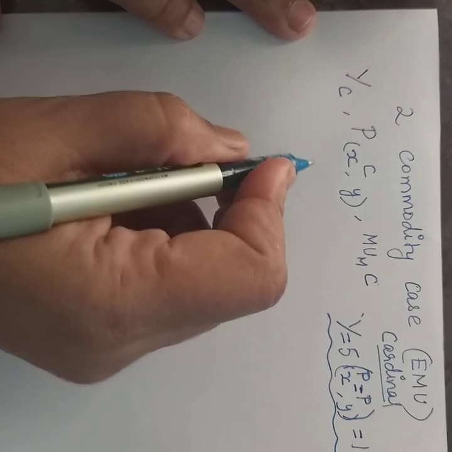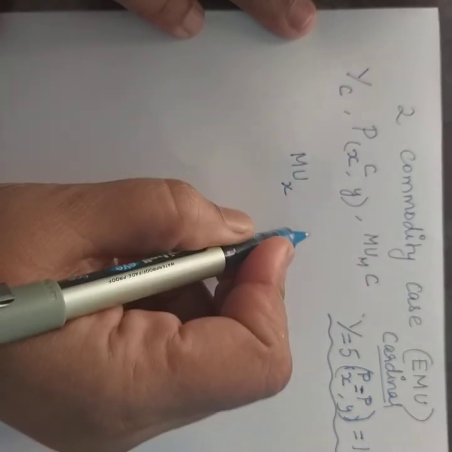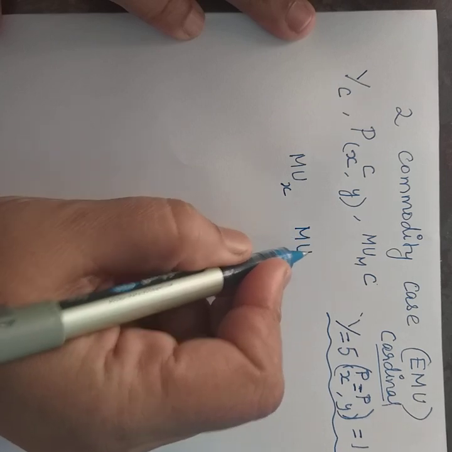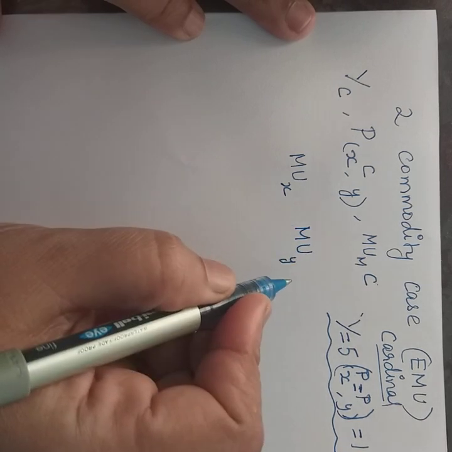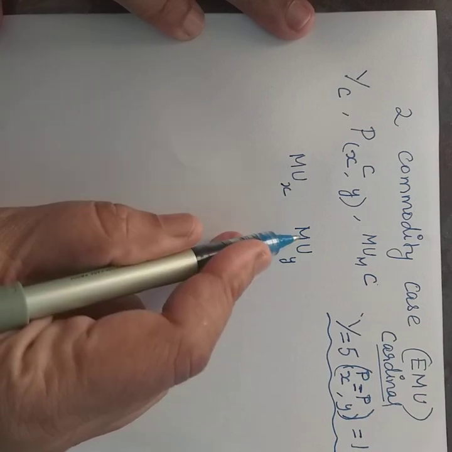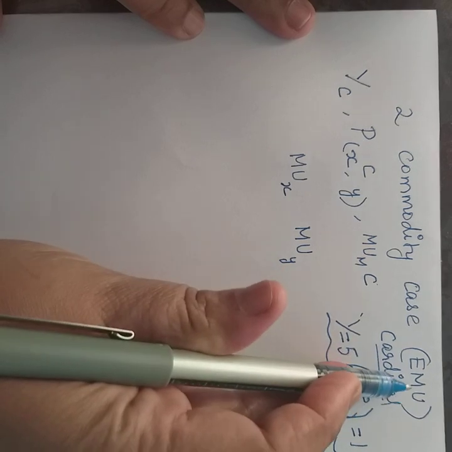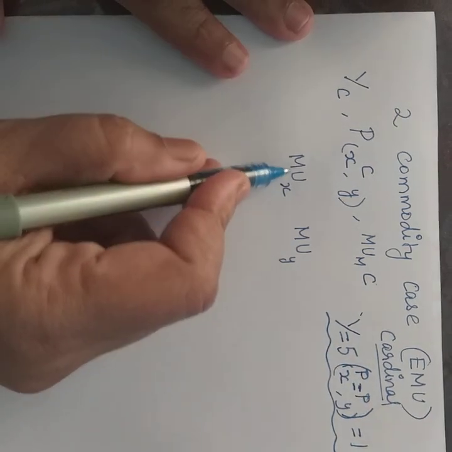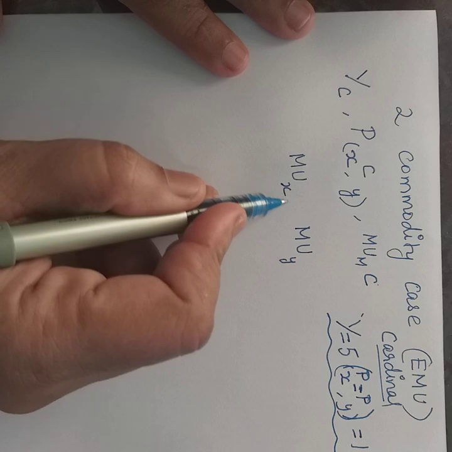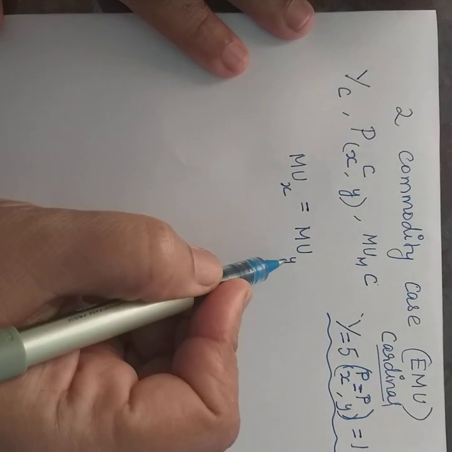Marginal utility derived from X, marginal utility derived from Y commodity, that is what we need to equate as per the theory. Remember, it is the equimarginal utility theory. So, marginal utility of one commodity should be equal to the marginal utility of the other commodity.